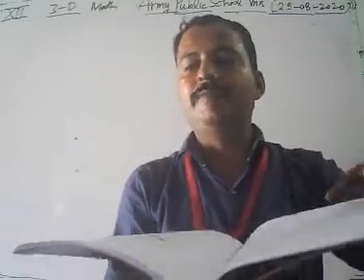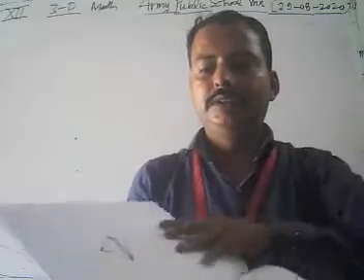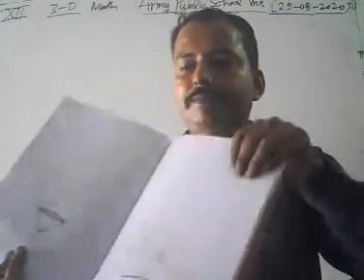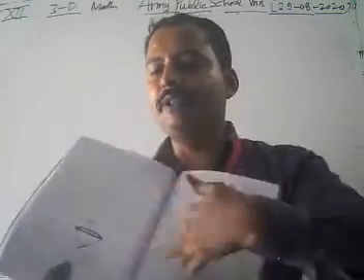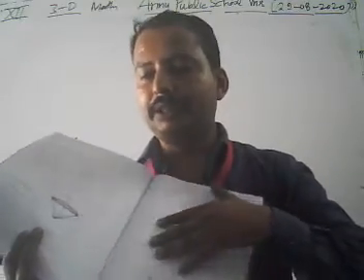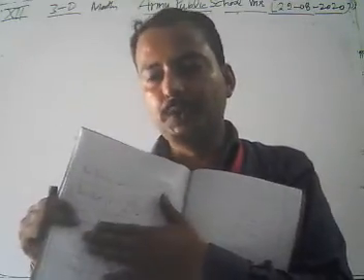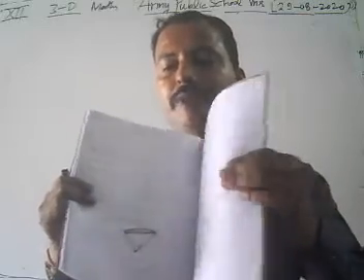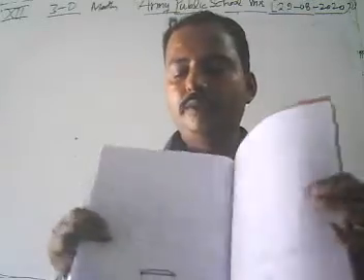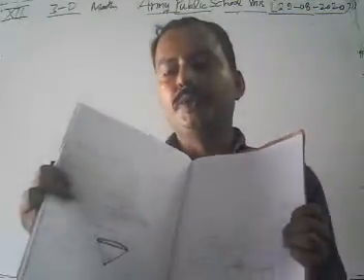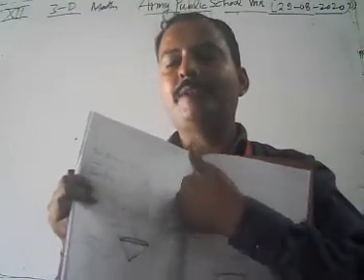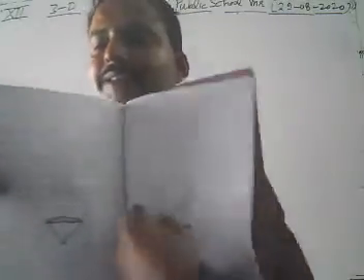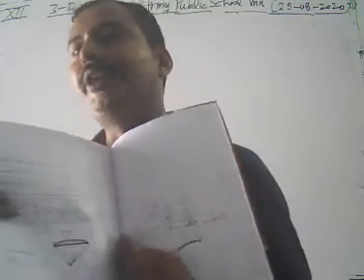Take this part as plane 1 and this part as plane 2. This is our plane 1, this is plane 2, and this is the line of intersection of these planes.